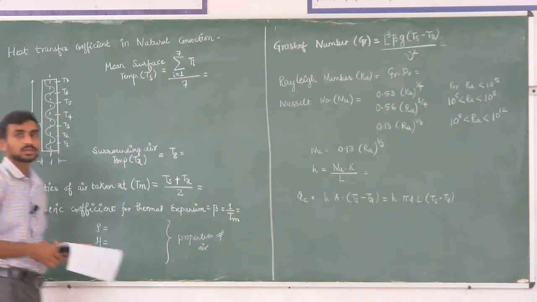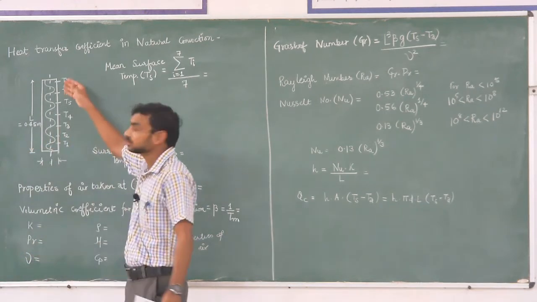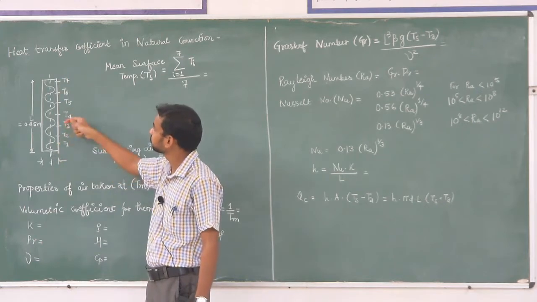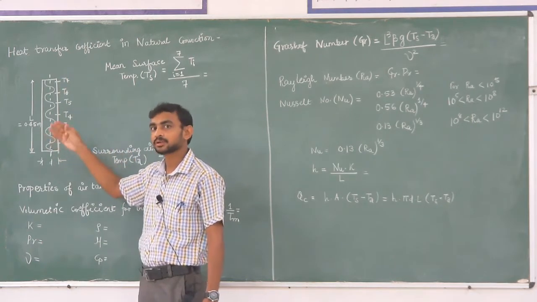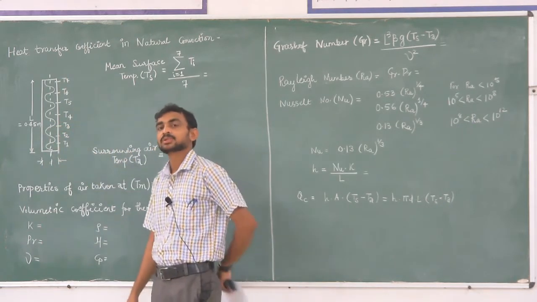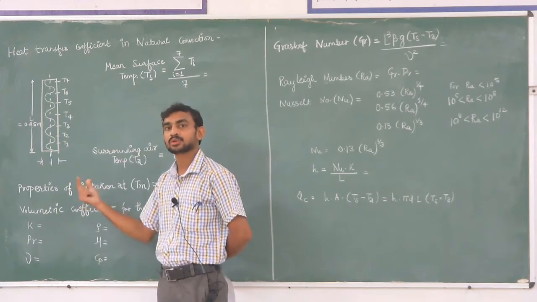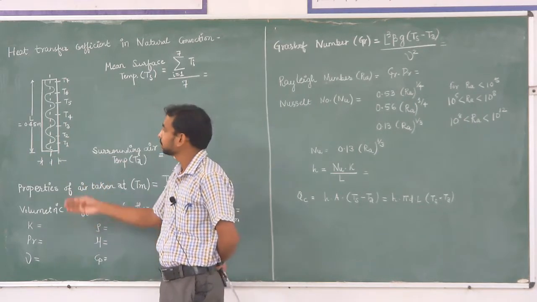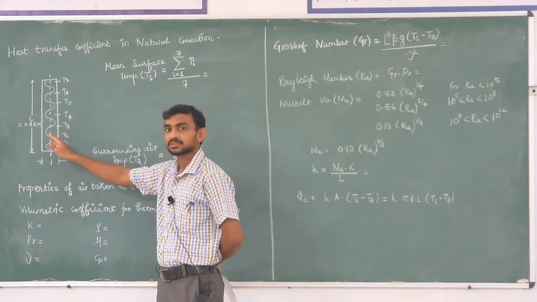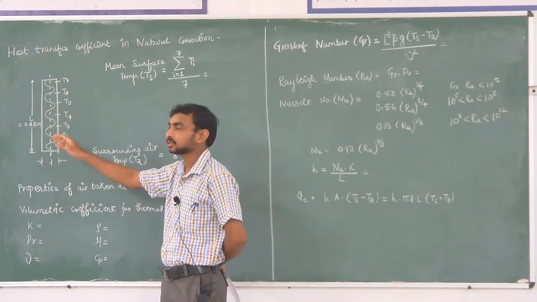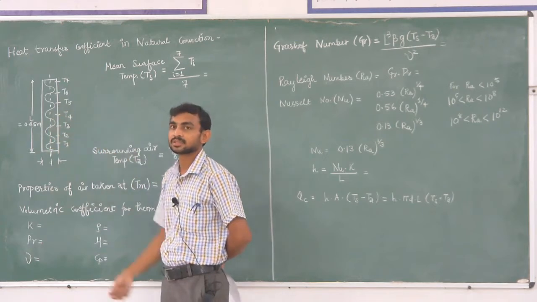This is our geometry. This is a hollow steel tube. I already mentioned the inner and outer diameter: inner diameter of 38 mm, outer diameter of 44 mm. Inside this hollow tube, there is a nichrome wire type of heater which heats the steel tube.